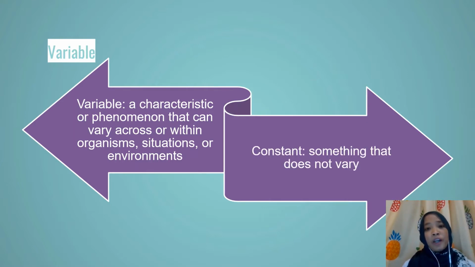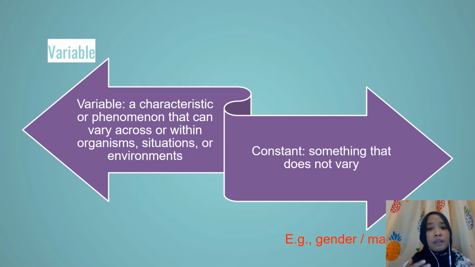The opposite of variable is constant. A constant is something that does not vary, so it stays the same. So for example, gender. When you say gender, it is a variable because it has a variety of options, at least two, male and female.